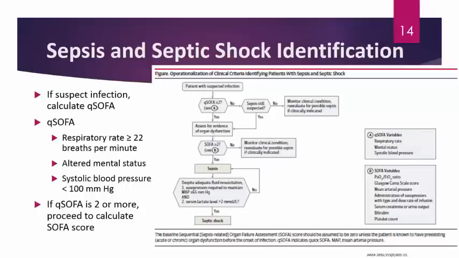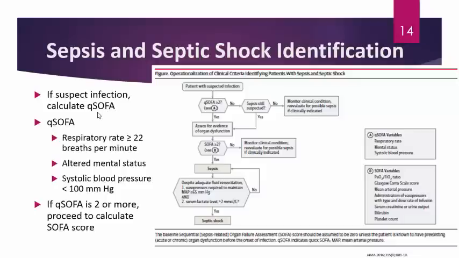So what does a Sepsis 3 identification actually mean, and how do you go about diagnosing sepsis and septic shock with Sepsis 3? If you follow this figure here that is in the Sepsis 3 document, which is also posted on CAMS, if you suspect an infection, what you do is you calculate what's called a qSOFA score, or a quick SOFA score.